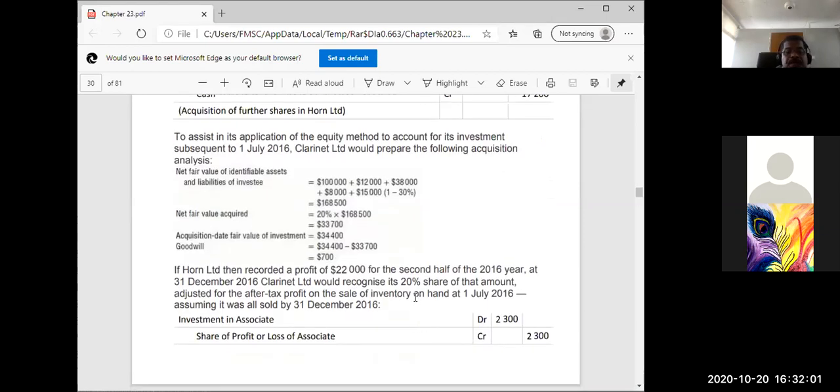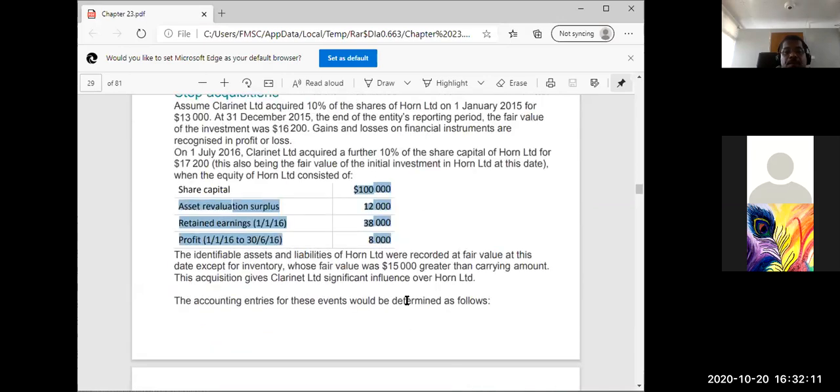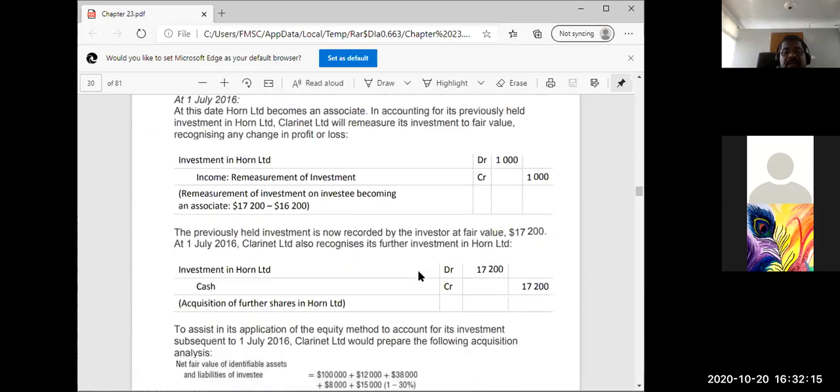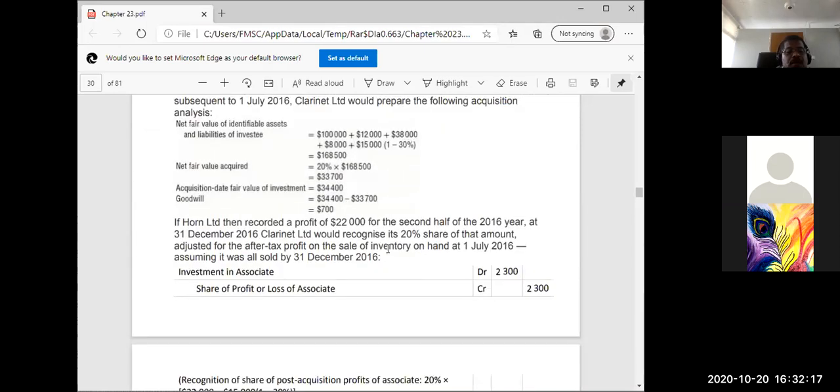So how do you record the investment in share of profit? Now I think you can remember the profit for the period is 8,000, given 8,000 for the 6 months.